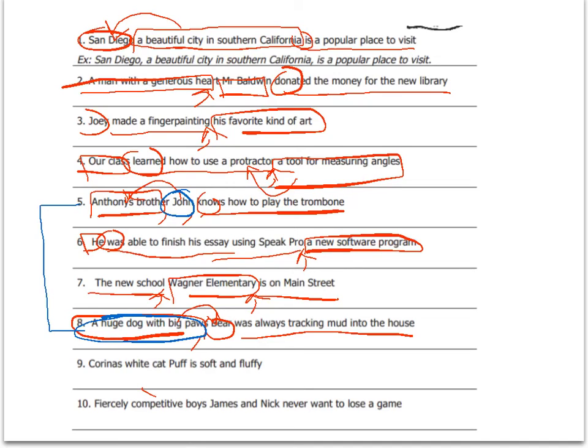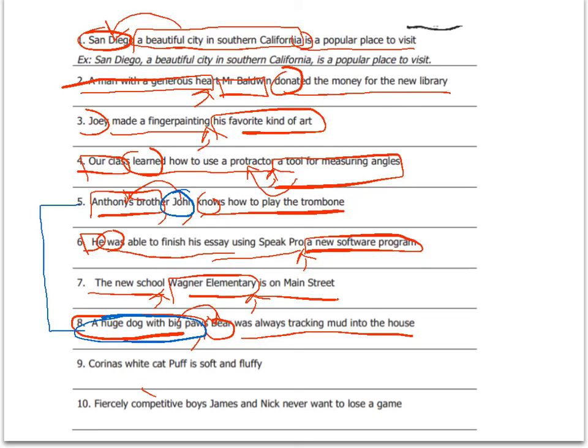Anthony's brother knows. John is his name, but John alone does not tell you the important information. It's Anthony's brother. But in number 8, if I say "a huge dog with big paws," that's not very clear. It's not as clear as using the dog's name, Bear, which helps tell you exactly which dog was involved in this tracking mud into the house.